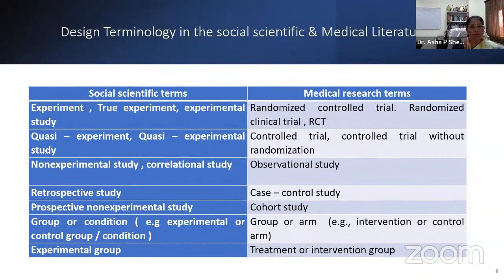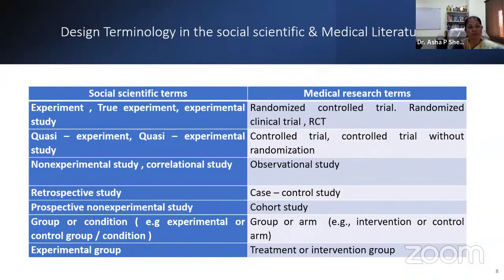In nursing studies we usually use the experiment, the true experiment, or the experimental study, where the terminology used in medical research is randomized controlled trial, randomized clinical trial, or commonly RCT. Similarly, the quasi-experiment or quasi-experimental study is, in medical research terms, a controlled trial or a controlled trial without randomization.